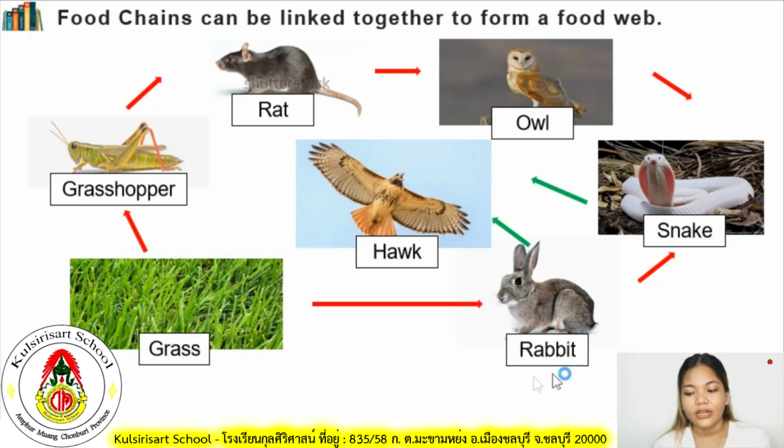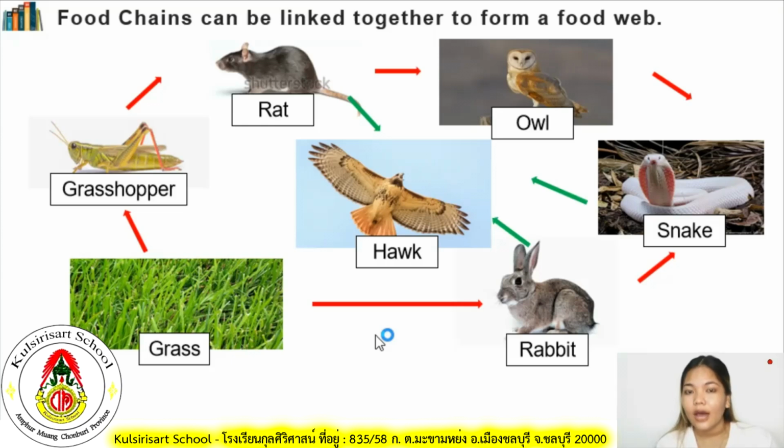We have the grass, rabbit, snake, and hawk food chain. And when the rat is eaten by the hawk, we have another food chain: grass, grasshopper, rat, and hawk. So in this food web, we can see there are 5 food chains. This is what we mean by a food web.